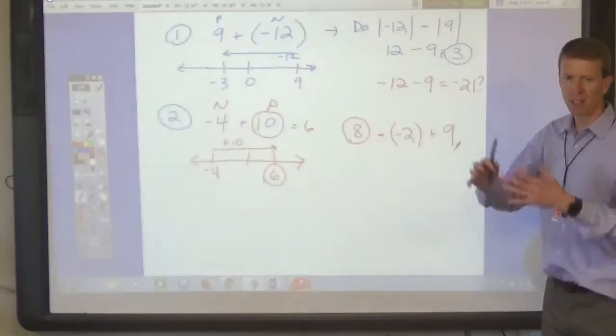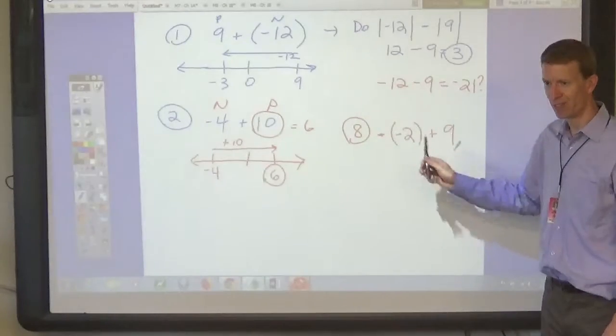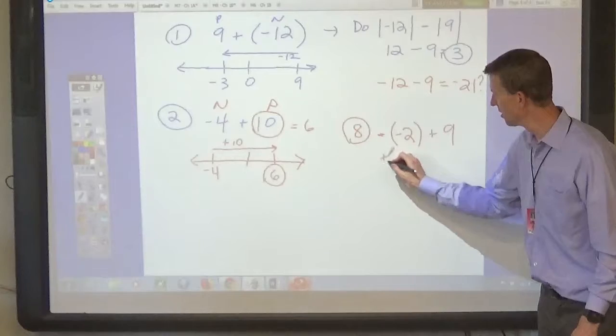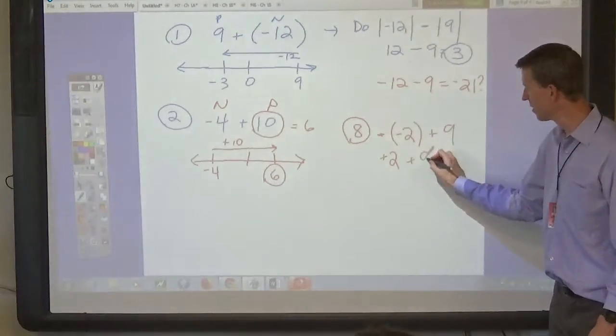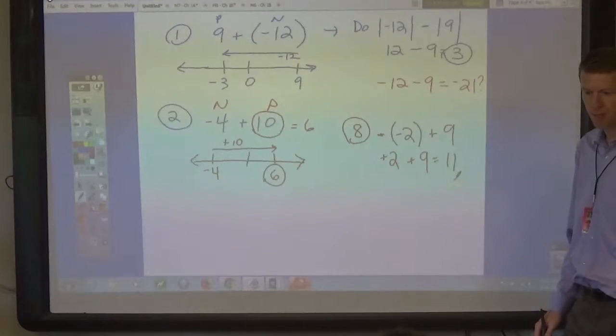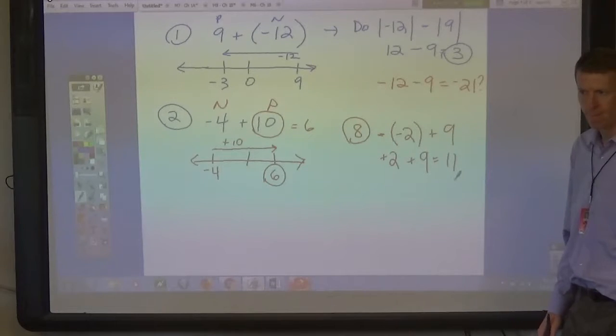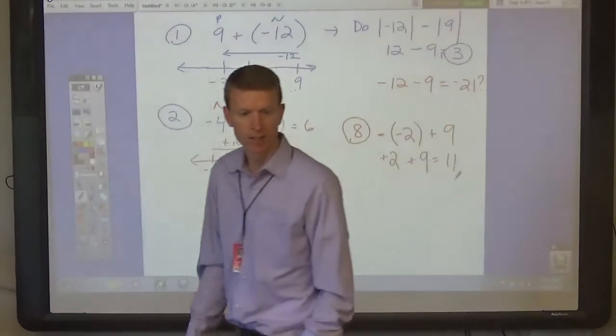Remember when we had the opposite of the absolute value? This is the opposite of the negative, which is just a plus. Positive 2 plus 9 is what that means. Any other questions before I let you get started?